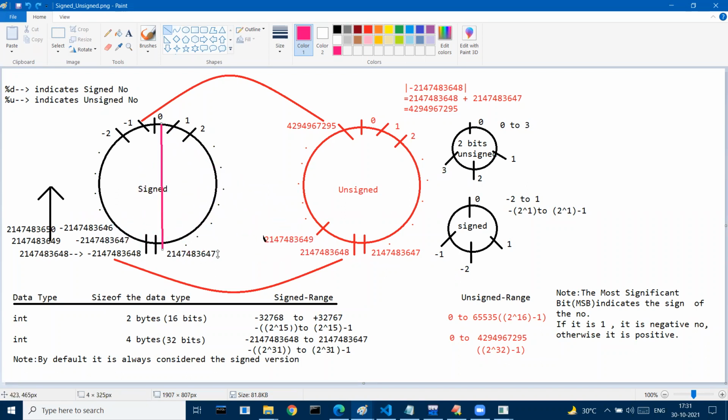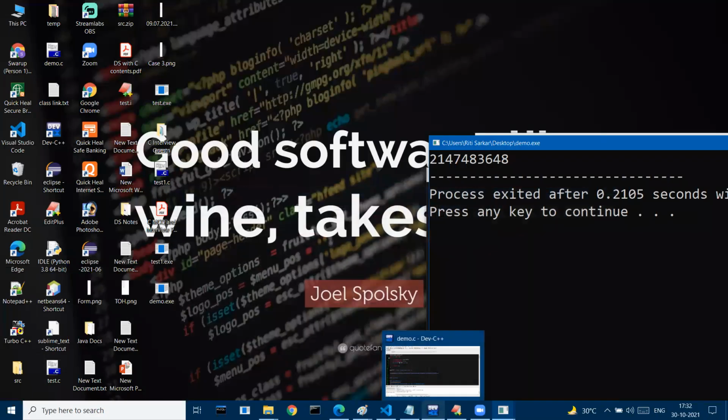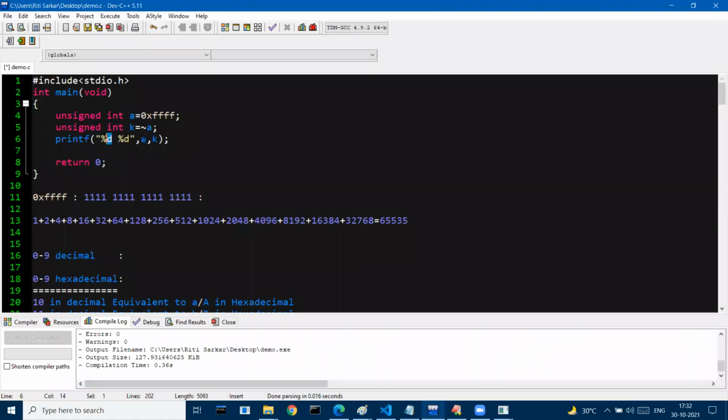As long as it is a positive number, they will not have any effect. So even though I print this A with %d, I will get 65,535.